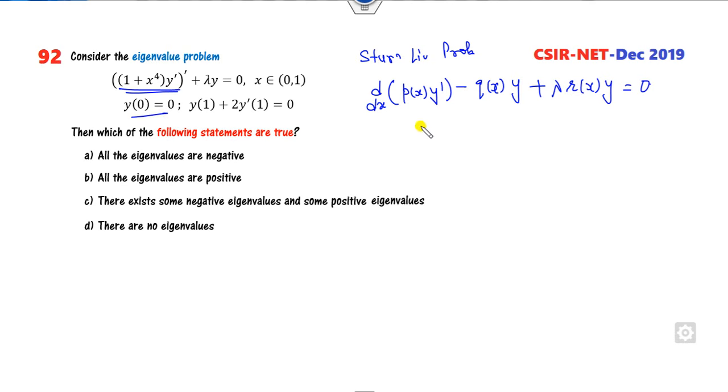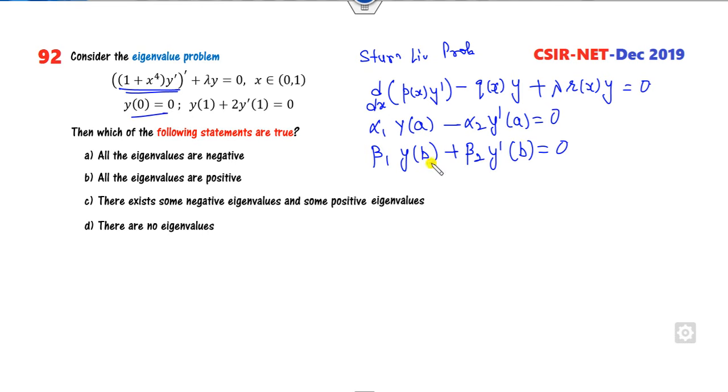Now, the conditions are: α1 y at the initial point a plus α2 y'(a) equals 0, and another one, β1 y at the other point b plus β2 y'(b) is equal to 0. Now what is the shortcut trick?